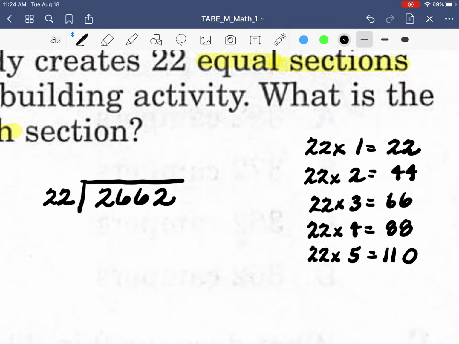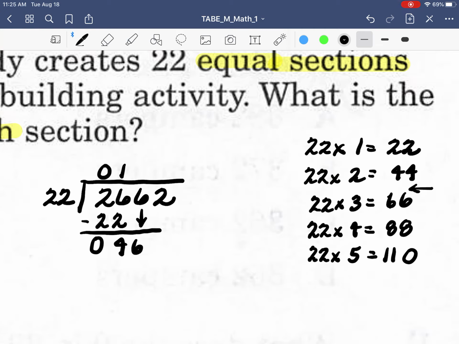So we're going to say 22 into 2 cannot go. 22 into 26 goes 1 time. 1 times 22 is 22. Bring down the 6.